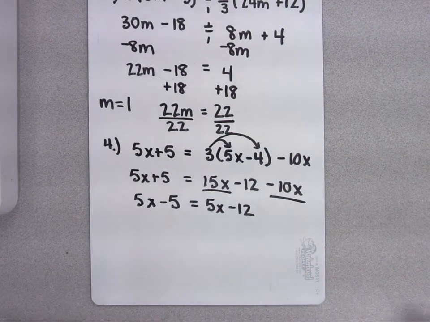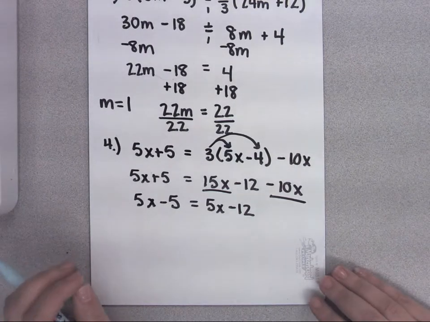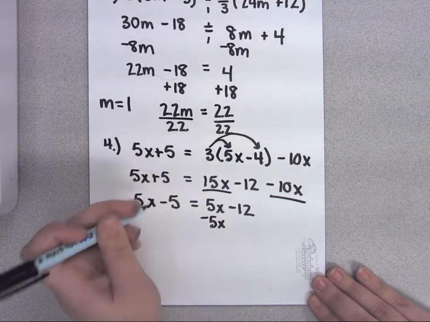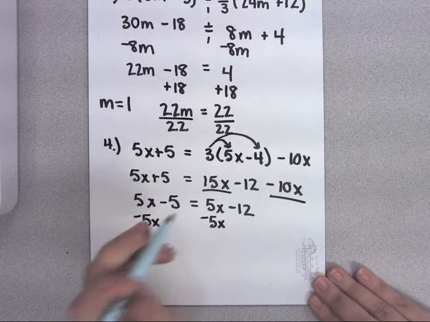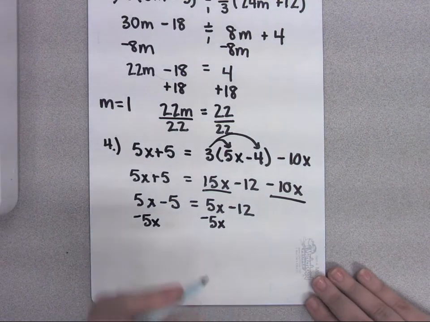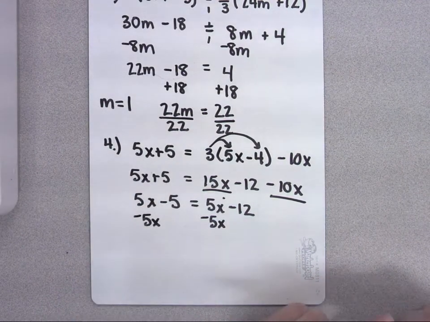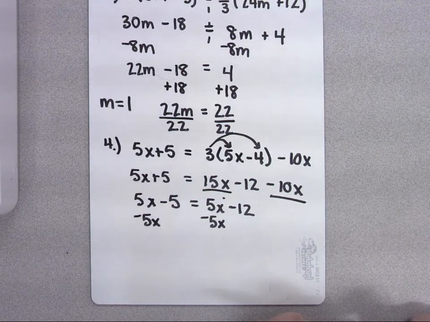Now that you only have a variable on both sides, move one of the variables. What do you notice? They're the same. So when I subtract 5x from both sides, because they're the same thing, what happens? What is anything subtracted from itself?